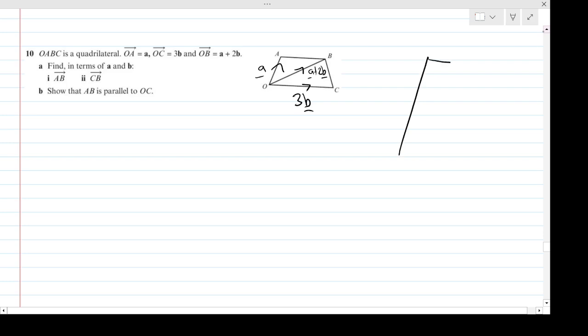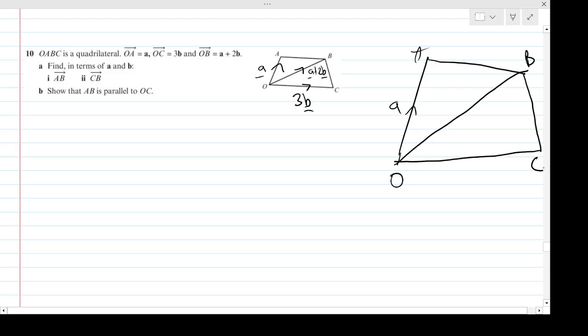So OA there, AB there, BC there, and then there we are. So that's O, A, B, and C. And O to A again was A. The diagonal O to B was A plus 2B. And O to C was 3B. And that's all we know.